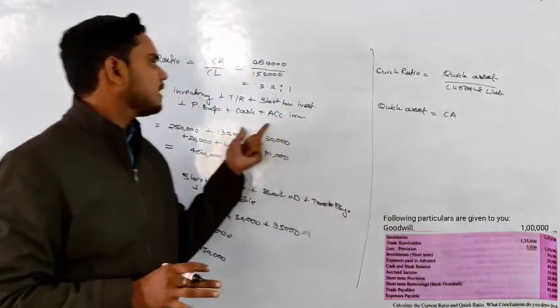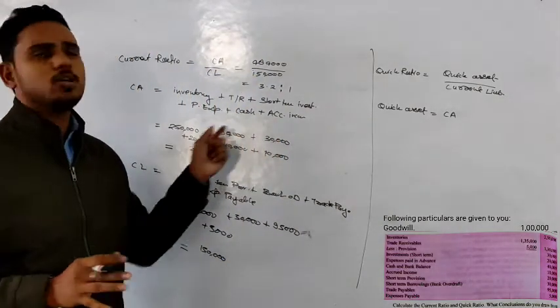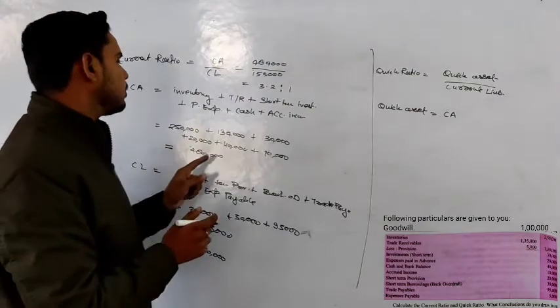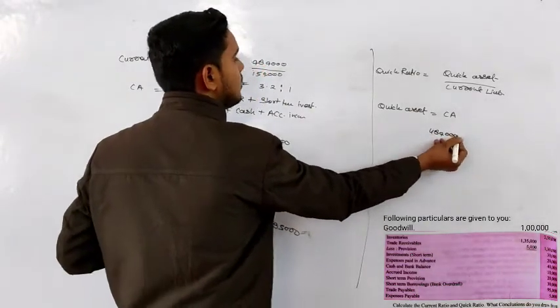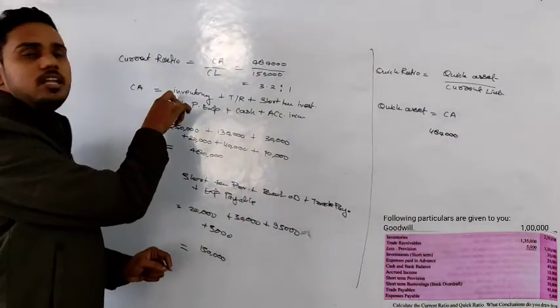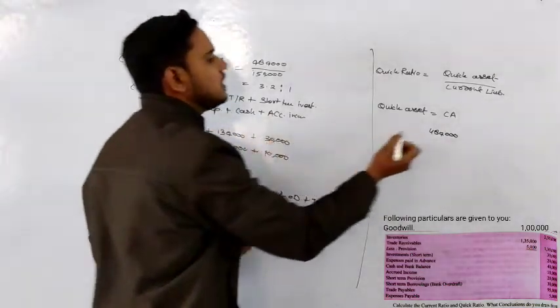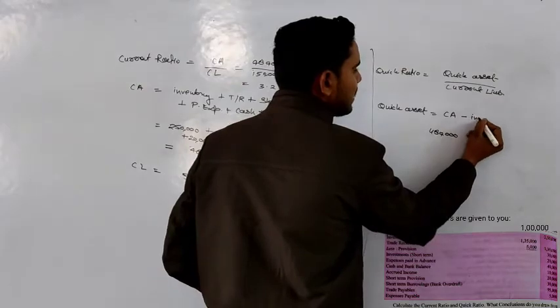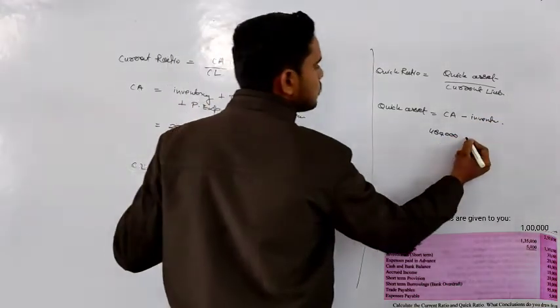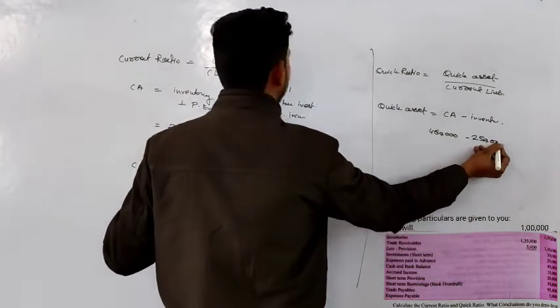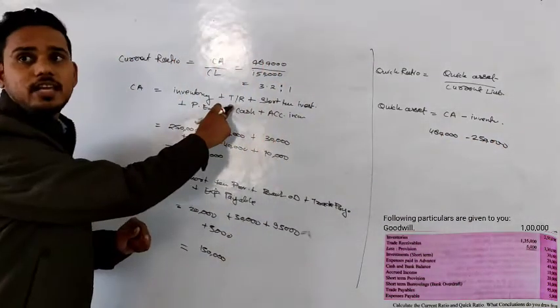But as we have already calculated current asset, what is the point of taking all the things? So what we need to ignore? See, current asset is how much? Sir, 4,80,000. If you see inventory, we need not consider, so we will ignore inventory, so minus inventory. That is how much? 250, so minus 250. Then after inventory, next one is trade receivable, that we can consider.